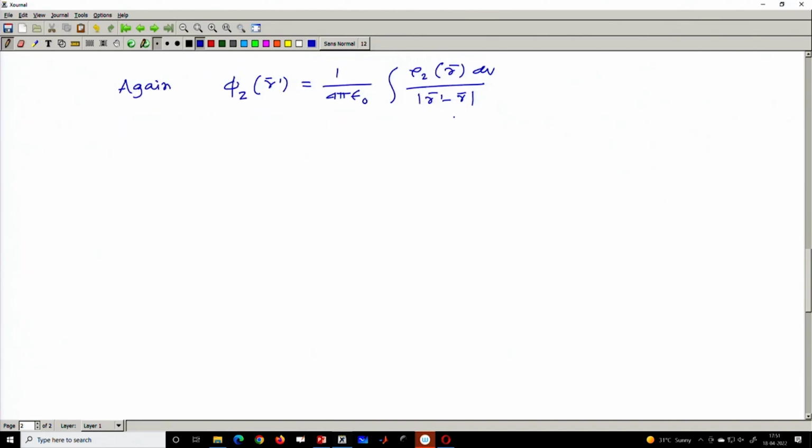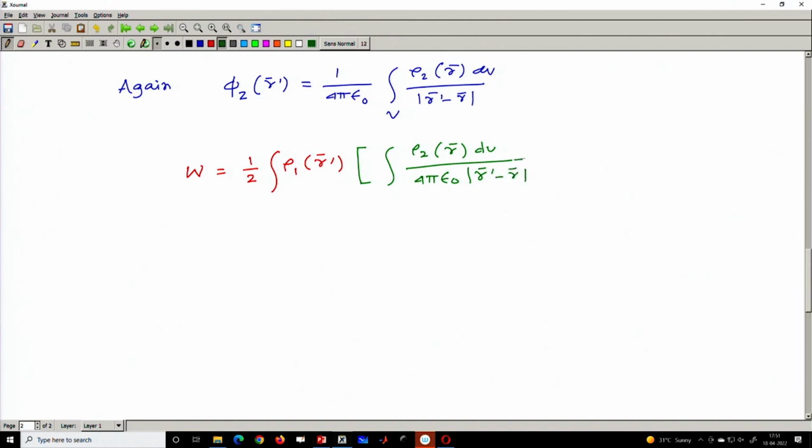So, over the volume integral V, I can again write my W by taking half integral of rho 1, which is at r prime, and then group this term which I just wrote here, rho 2 r dv divided by 4 pi epsilon 0, r prime minus r, bracket close, and then dv prime.